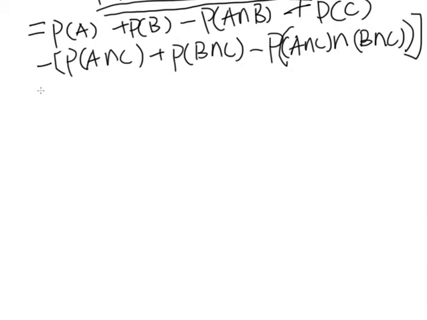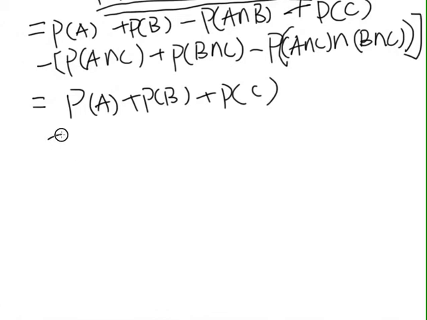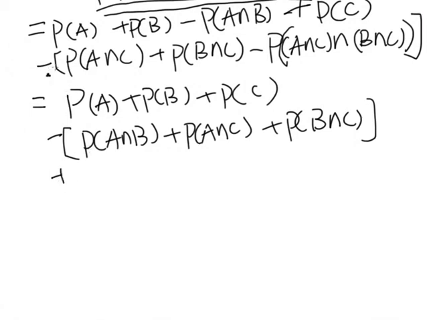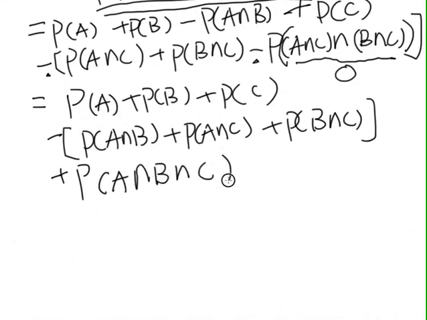Then it's a matter of grouping them. This can be beautifully rewritten as probability of A plus probability of B plus probability of C minus probability of A intersection B, probability of A intersection C, probability of B intersection C. And the only term remaining is, notice that here we have minus and another minus, so that becomes plus, A intersection C intersection B intersection C, that is simply A intersection B intersection C. So that is the end of proof for the case of 3.